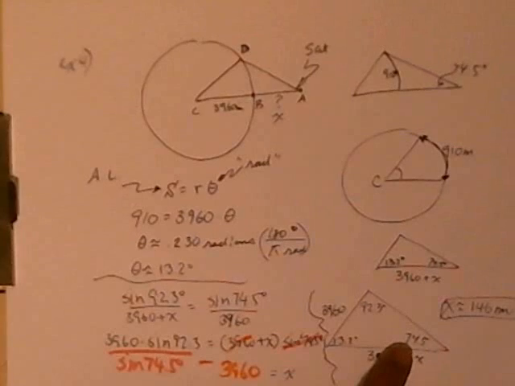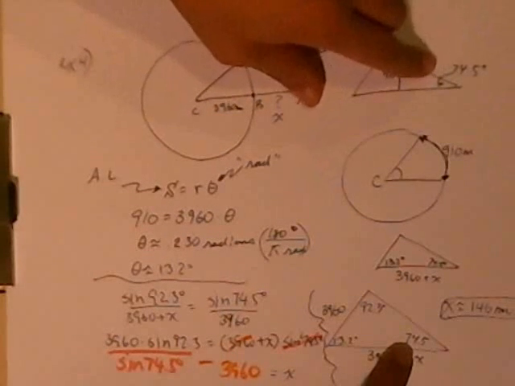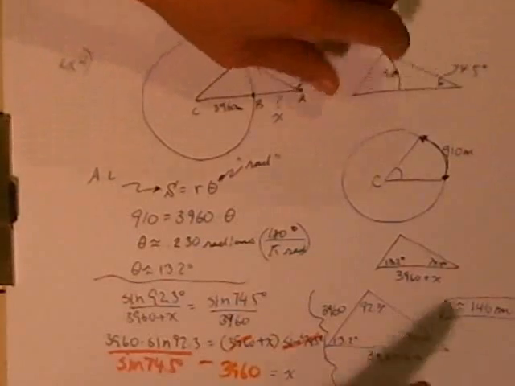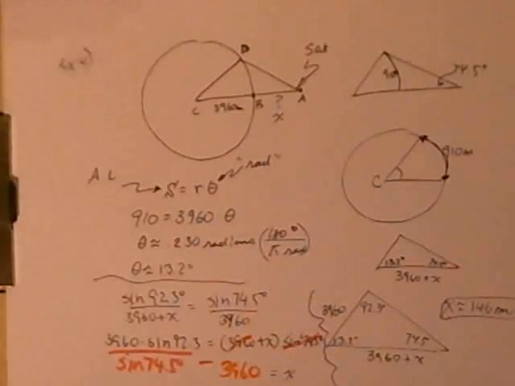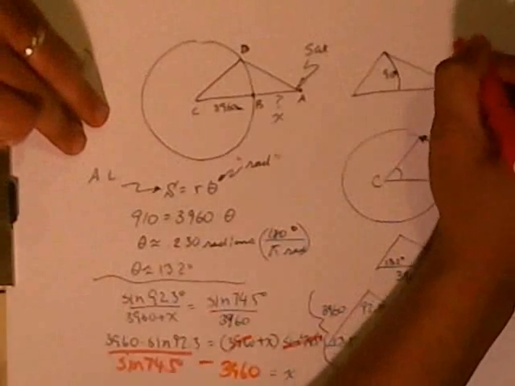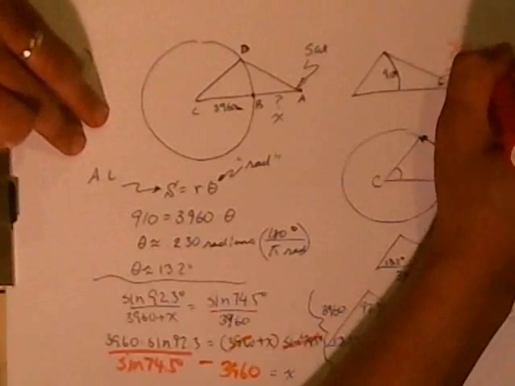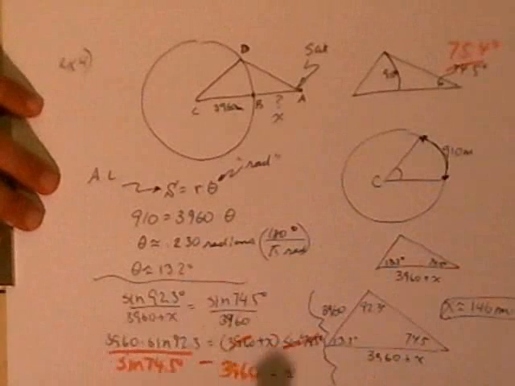I miswrote the problem. I put 74.5. We're going to get a different answer, because I made a mistake right at the beginning. This should have been 75.4 degrees. Miswrote the problem here. You're going to get a different degree here.